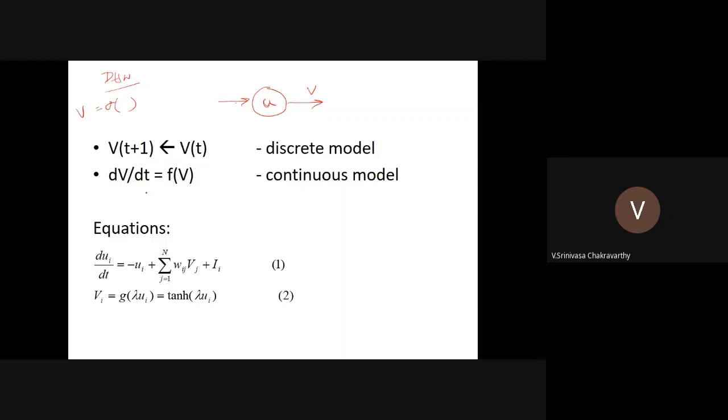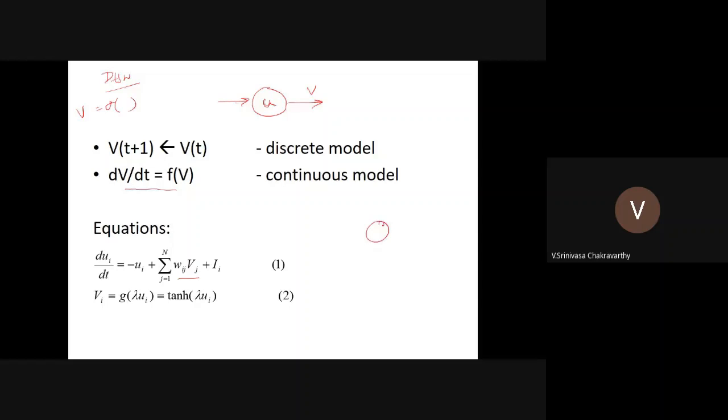So in the continuous model, you have a differential equation defining the dynamics. In the discrete case, you have a difference equation, a discrete map that links the current state to the next state. In the continuous model, there's an internal variable U_i for the ith neuron. The input to the neuron from all the other neurons is given by W_ij times V_j, where V_i is the output of the ith neuron.